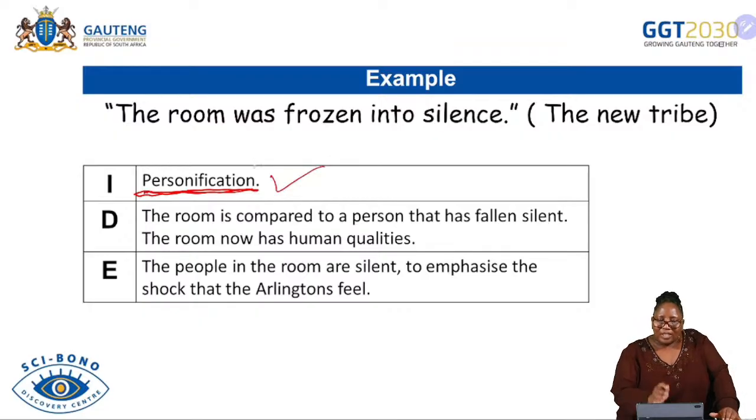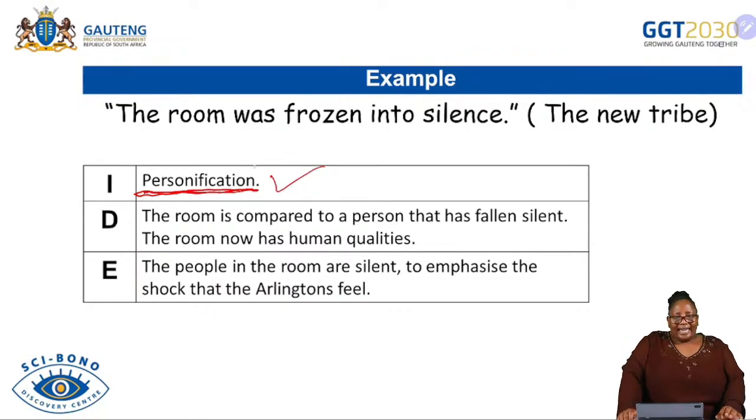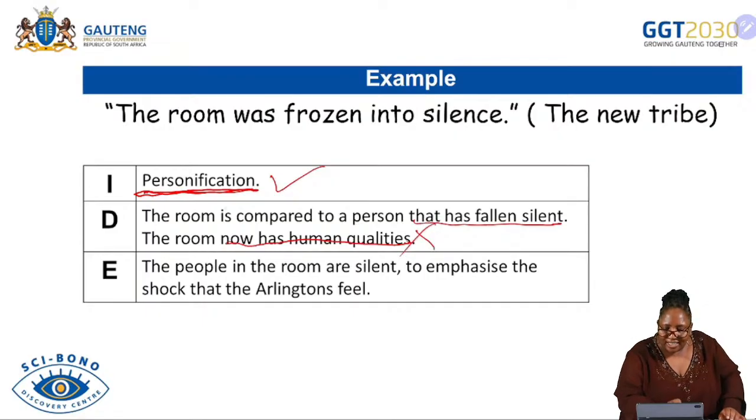The room was frozen into silence. Who gets silent? A human being, isn't it? So this room is compared to what? To a person that has fallen silent. The room now has human qualities. That's the reason why this figure of speech is personification.